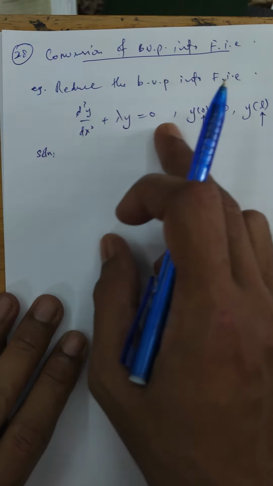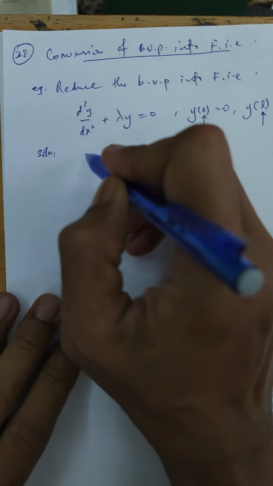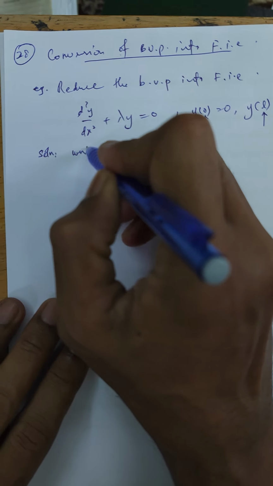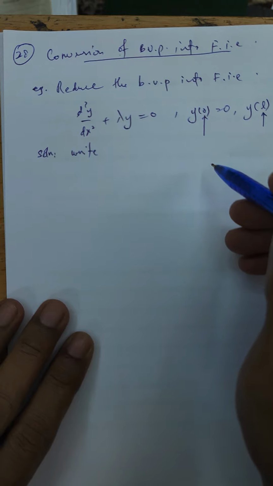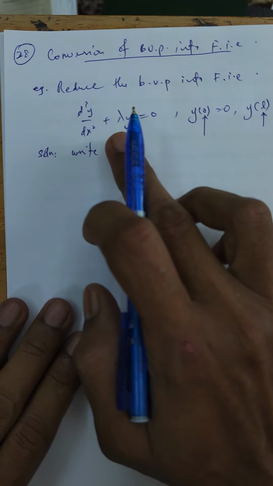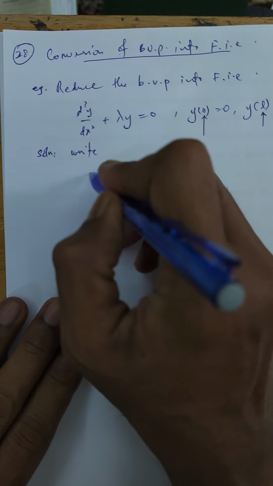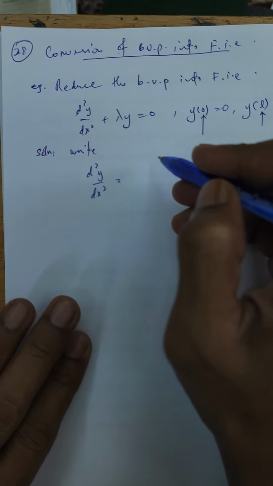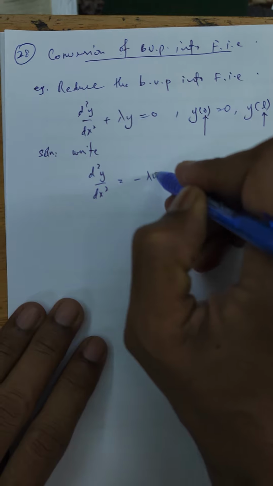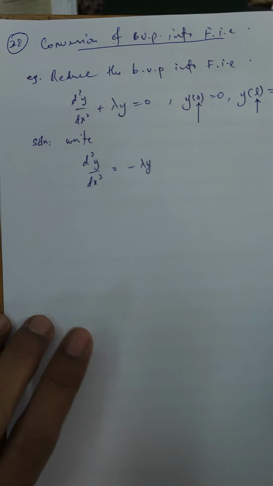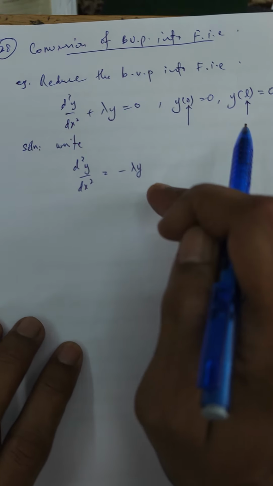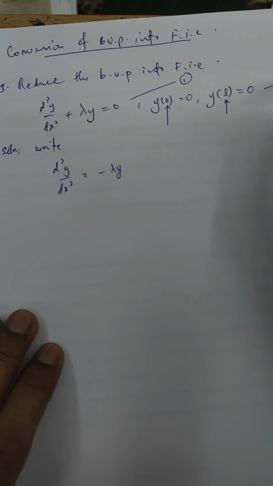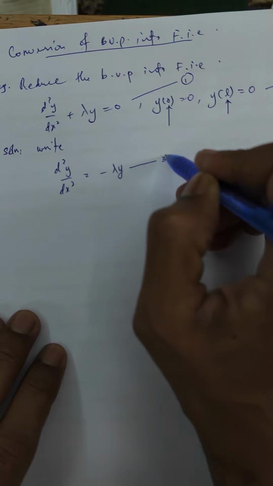From the given equation we write d²y/dx² plus lambda y equal to 0 as d²y/dx² equal to minus lambda y. Let's call this equation number 1, that's equation number 2, and that's equation number 3.